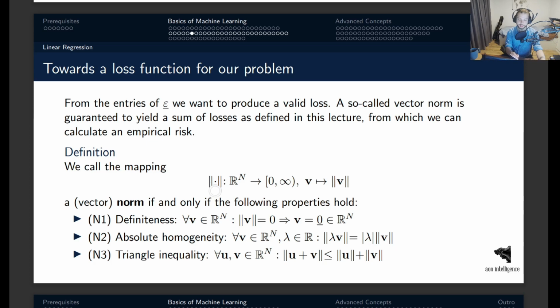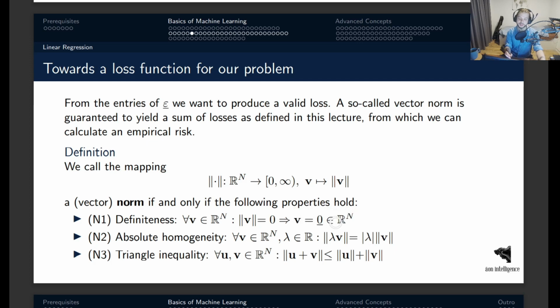We call this mapping, which maps from Rn to the positive real numbers, a vector norm if and only if the following properties hold. The first property is called definiteness, and this means that for every vector v in our input space, if our mapping assigns a 0 to that particular vector v, then this should imply that v is the 0 vector in Rn.